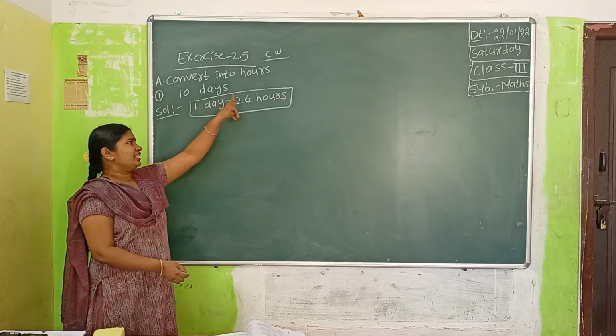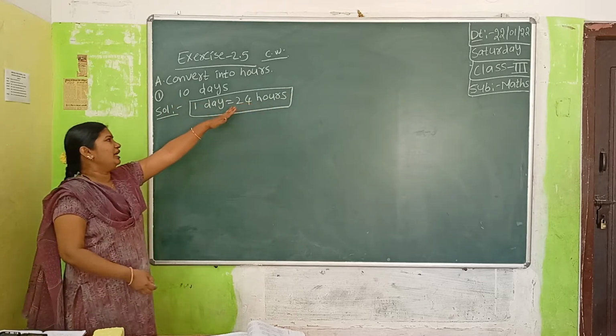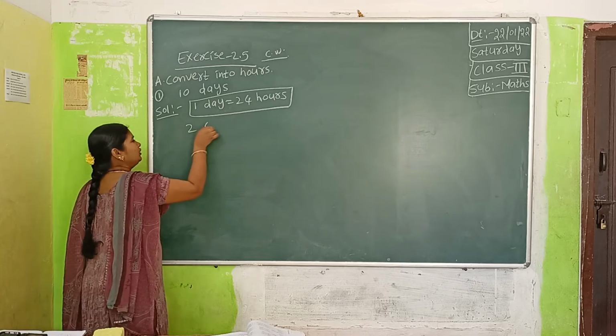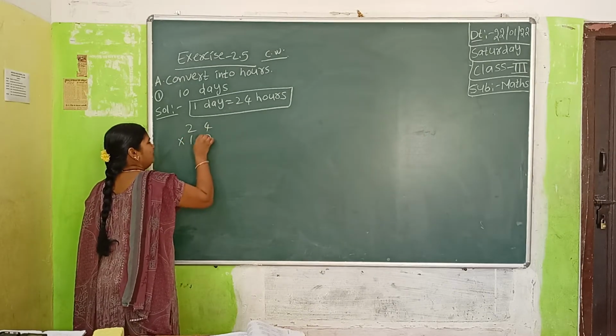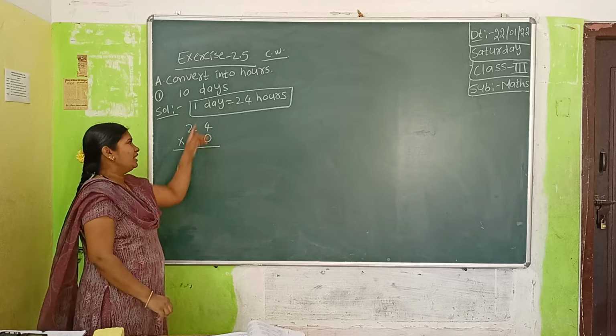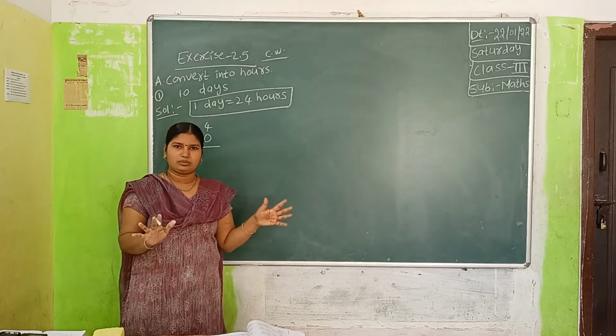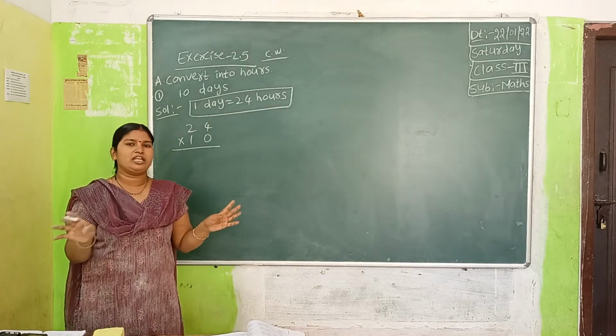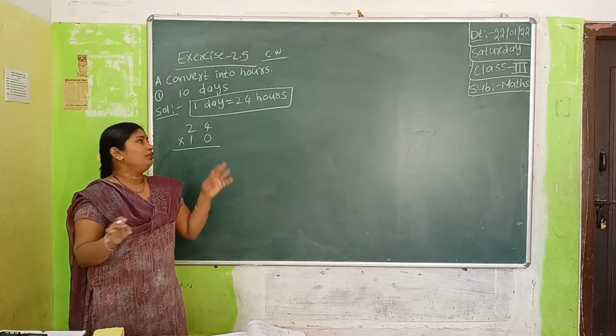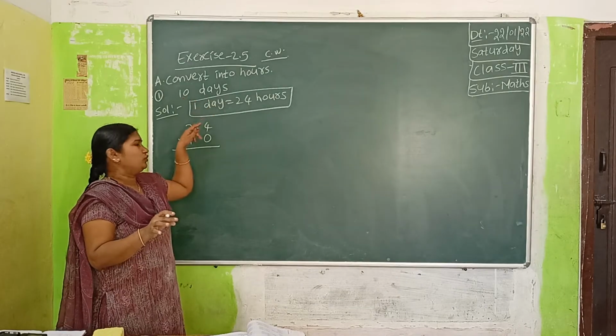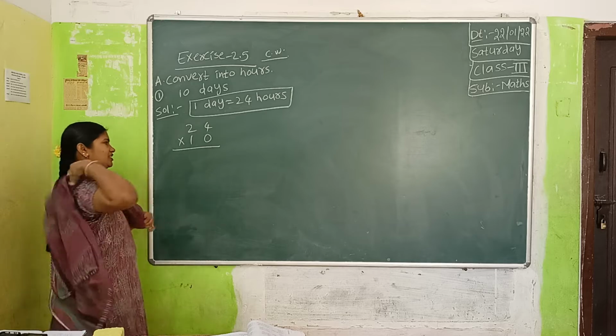Now this 10 days convert into hours, so multiply 24 by 10. Why? Because 1 day equals 24 hours only. We are not getting any extra hours. So we multiply 10 days by 24.